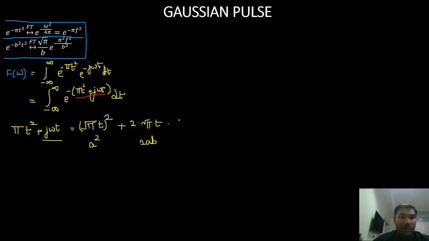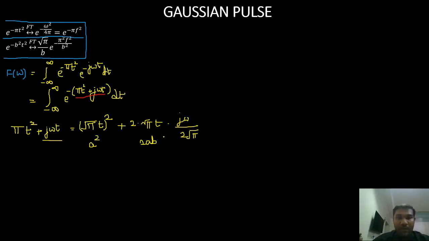In order to get j omega t, I should multiply it with j omega by 2 root pi. So this is my B term.